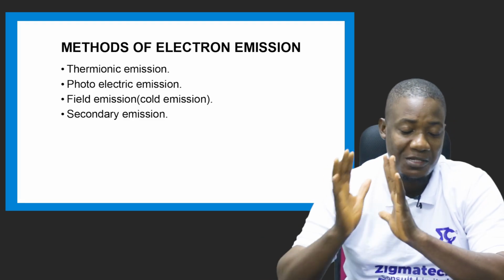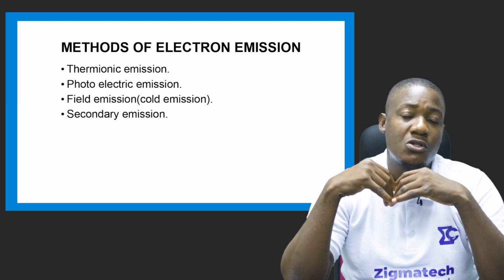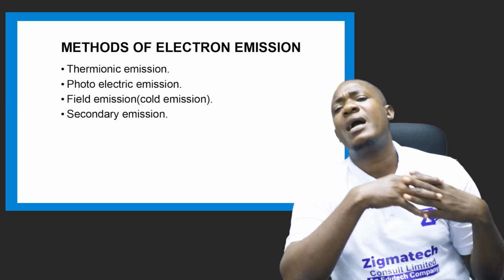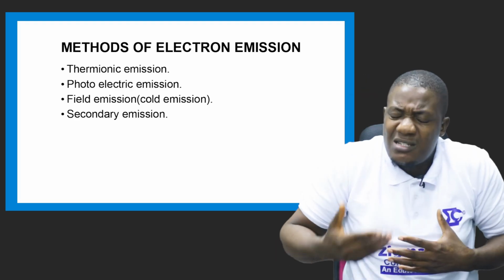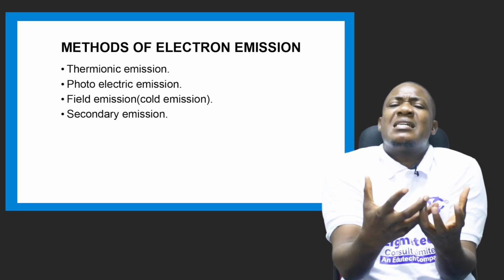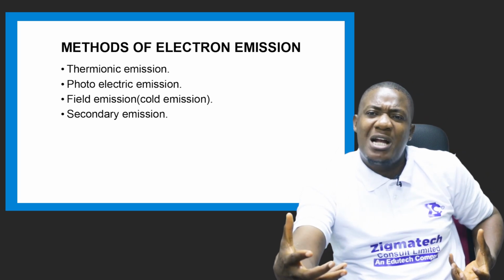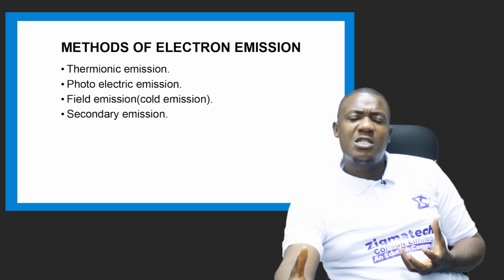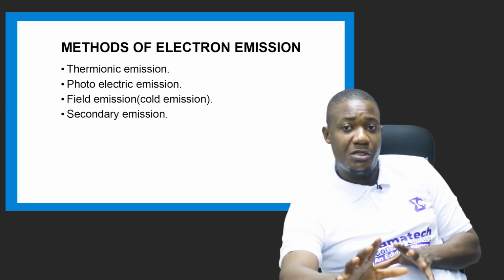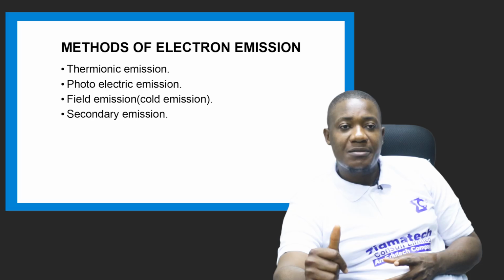I want to limit myself to this topic. So the electrons acquire energy, and as you keep heating, they keep acquiring energy to the extent that this energy is enough to break off the attractive force that exists between the protons and the electron, right? So at that point, the electron is emitted.